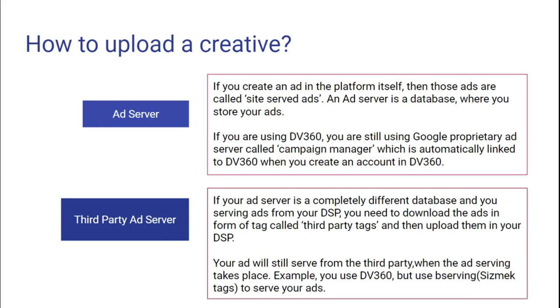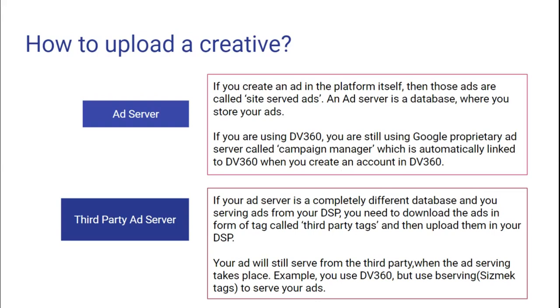The second advantage is that if you are using a third party ad server, you have a separate tracking system, because your server will track the impressions and clicks, which you might want to tally at your end through another platform.